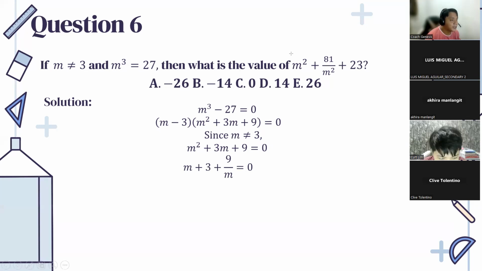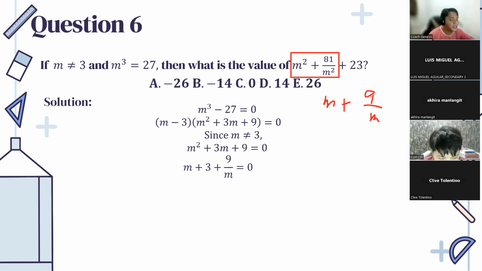If you look closely at the given, you have m squared plus a squared over m squared, which is a form of expression that you can see in different questions sometimes. The usual way to get the value of that one would be by getting something like m plus a over m.